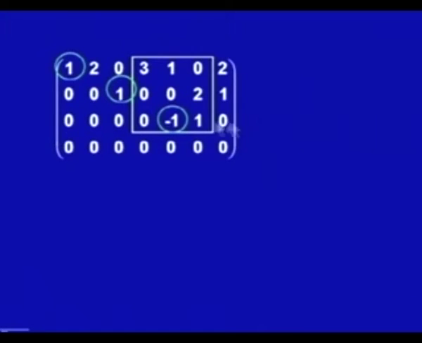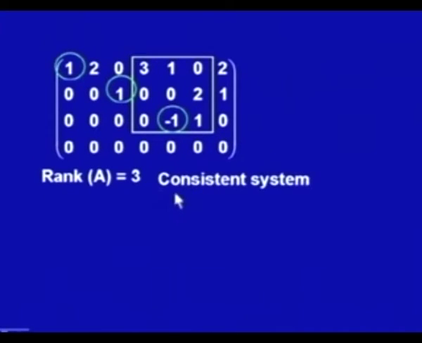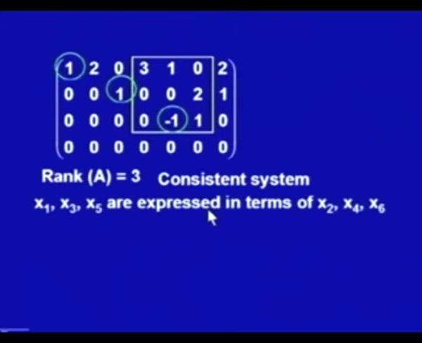Now, if this is the transformed augmented matrix, then one can notice that this row and this row have the leading ones in this column, the leading one here, and the leading one is here. Leading term is this in the matrix, and from this discussion we conclude that rank A is equal to 3 and we have a consistent system.